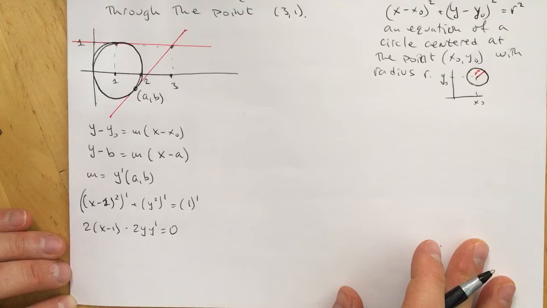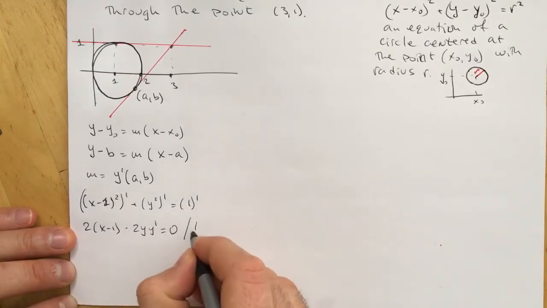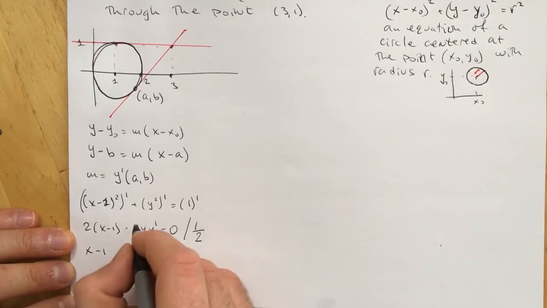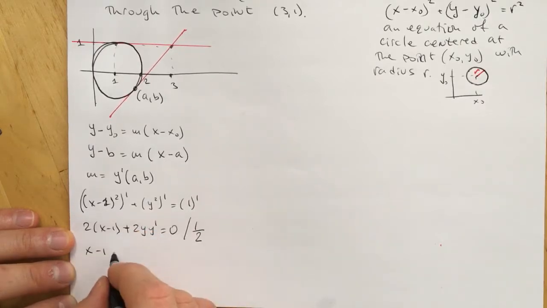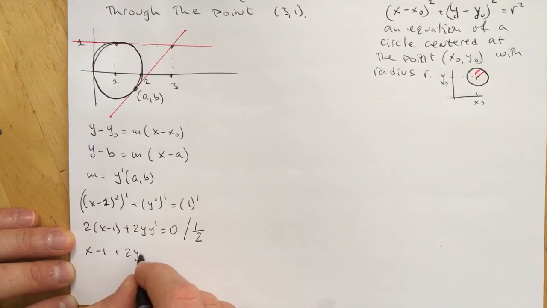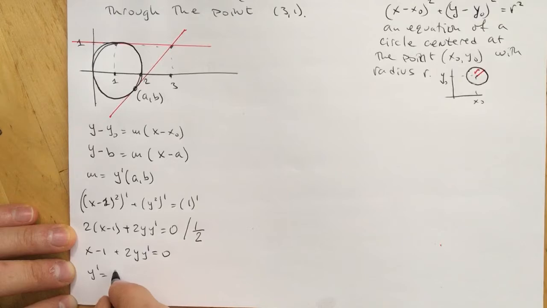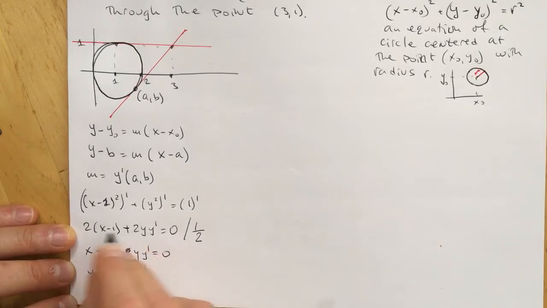In order to simplify, I divide the whole expression by 2, so you get (x − 1) + y·y′ = 0. Sorry, there's a mistake before, because if I divide the whole expression by 2, I just have y. From here, y′ = −(x − 1)/y.